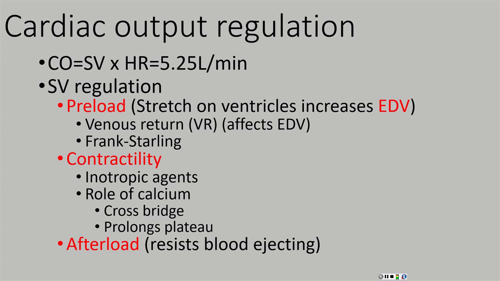Afterload, the pressure that must be overcome prior to blood being ejected from a ventricle. So afterload resists blood ejecting from a ventricle. Let's see why that is. I'm going to very crudely just pretend that is a ventricle.